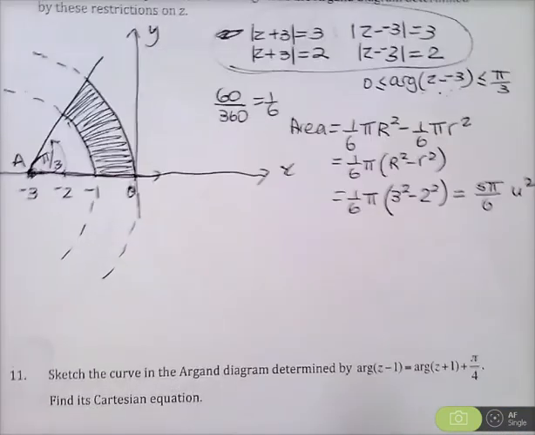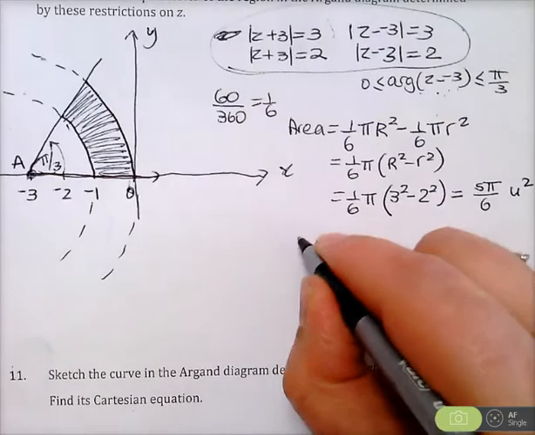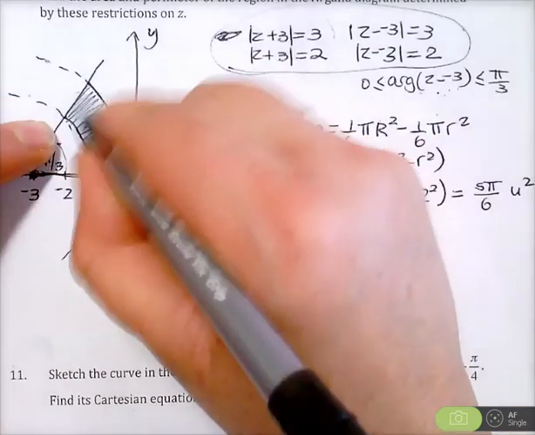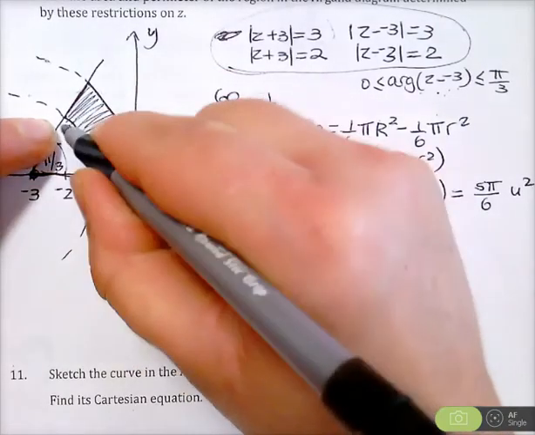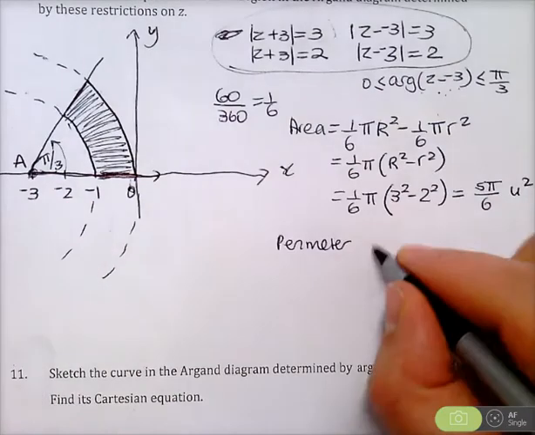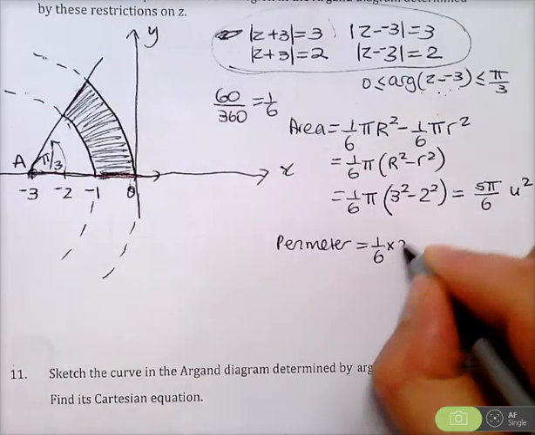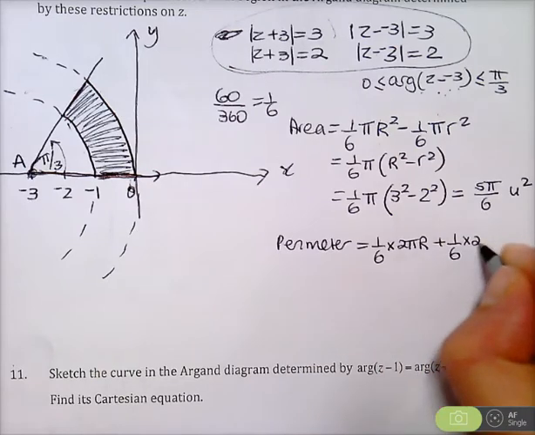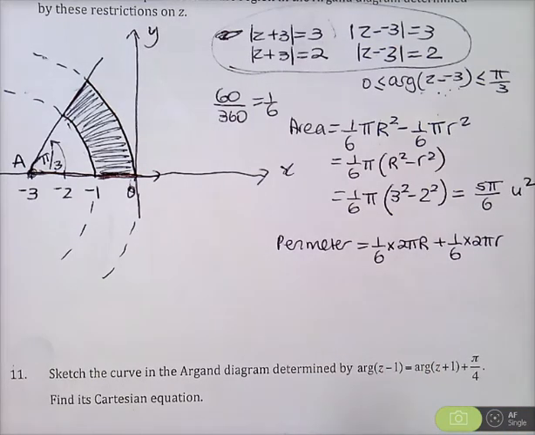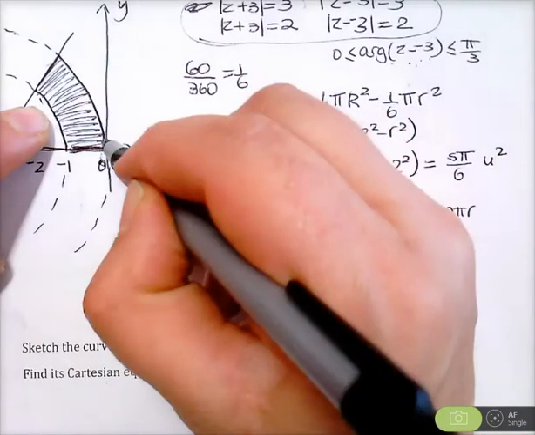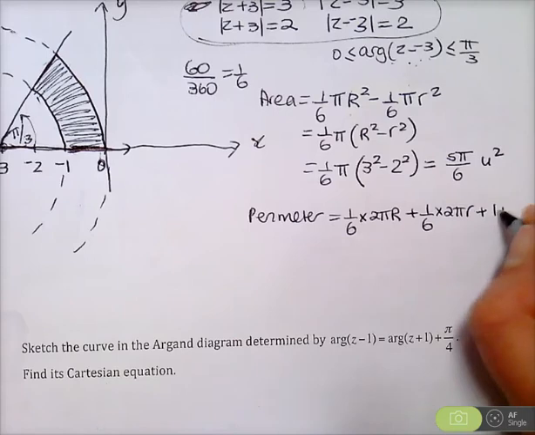And the perimeter, haven't we got one perimeter? You've actually got the 2 straight bits and the 2 curved bits. What's the length of this straight bit? It's 1/6 times 2 pi big R plus 1/6 times 2 pi little r, plus this distance and that distance, 1 plus 1.